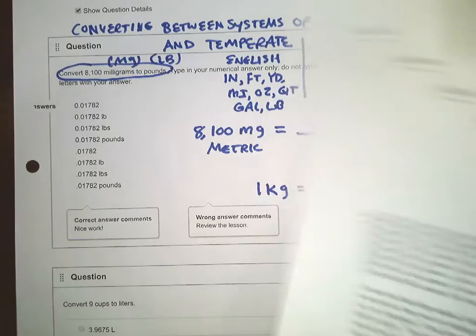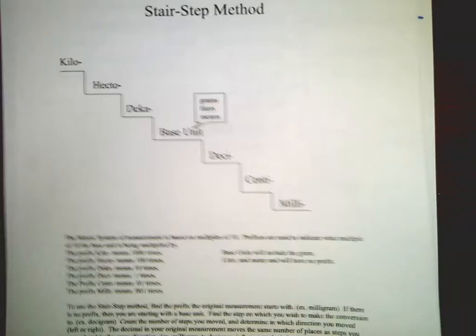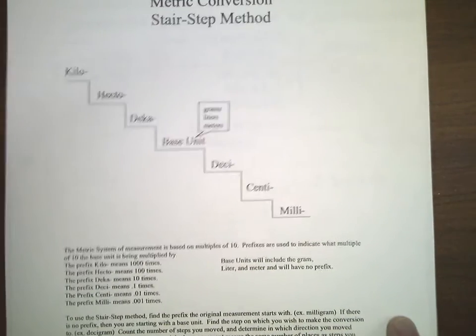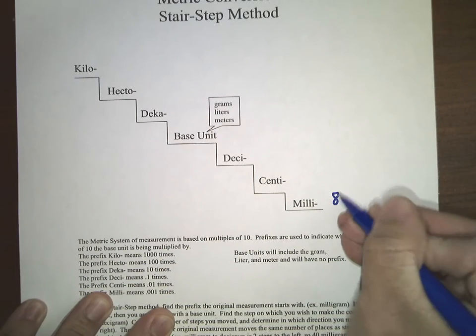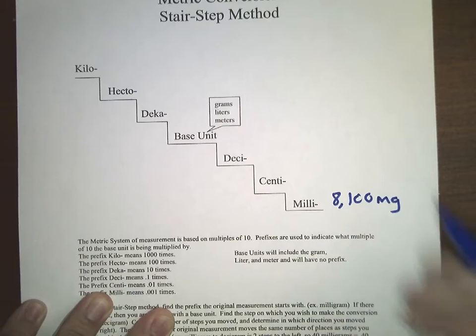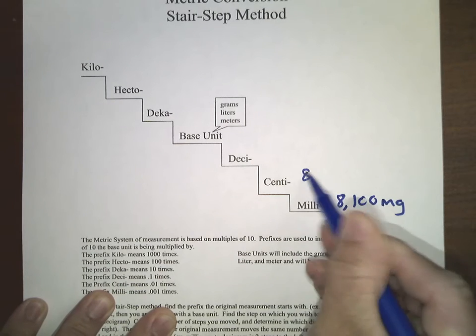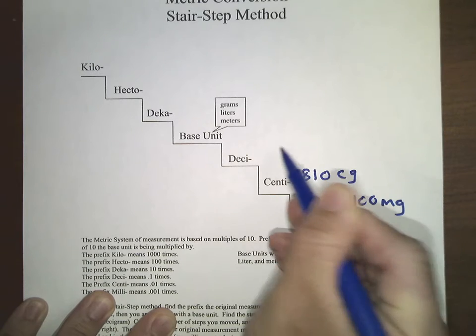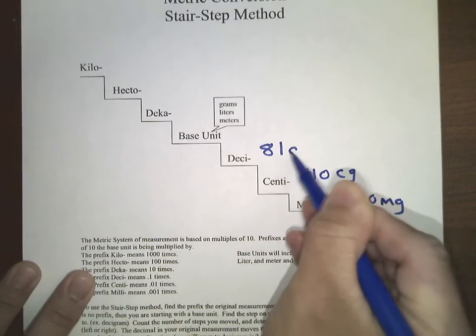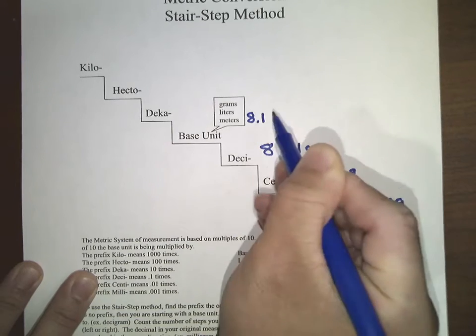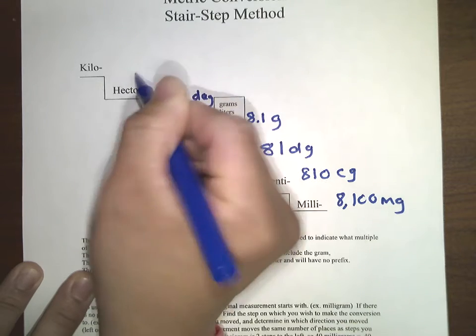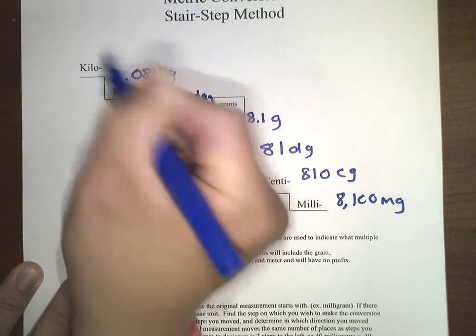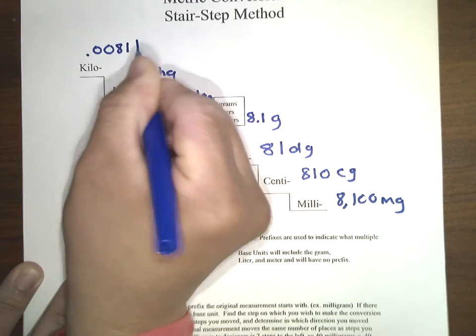So if you remember from before, if we have 8,100 milligrams, we can use the metric staircase to convert this to kilograms. So we have 8,100 milligrams, and then 810 centigrams, and then 81 decigrams, and then 8.1 grams, 0.81 decagrams, and then 0.081 hectograms, and 0.0081 kilograms.